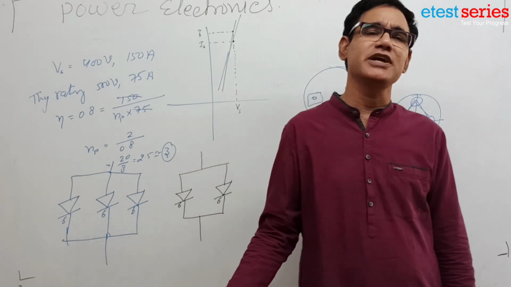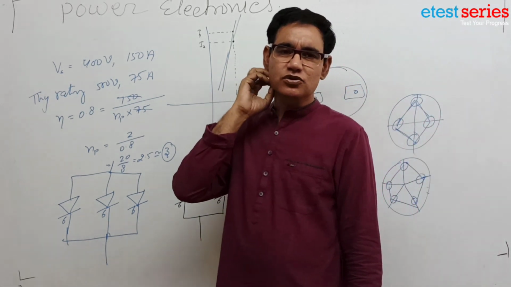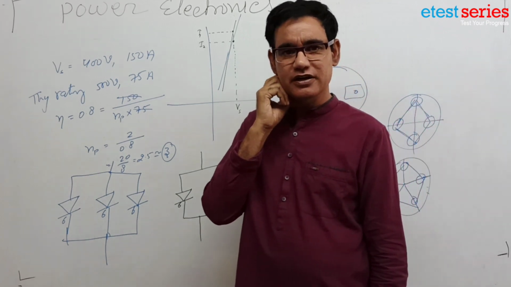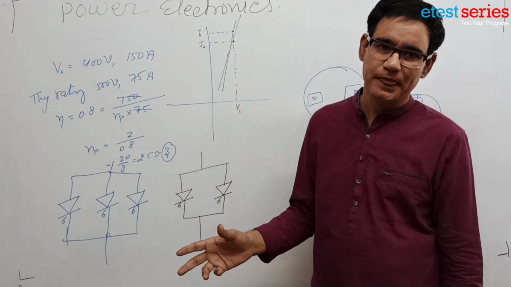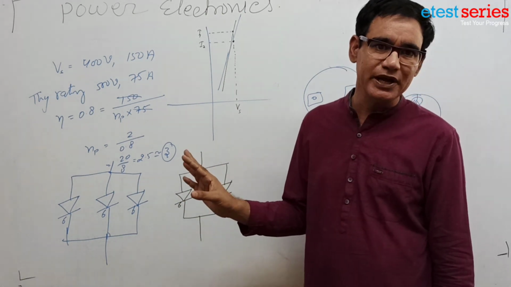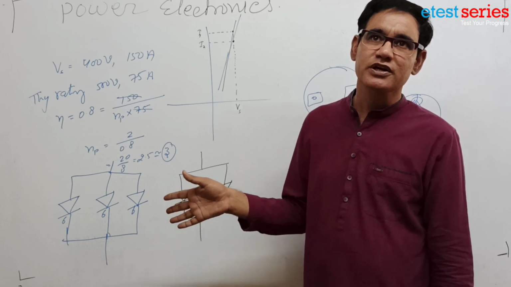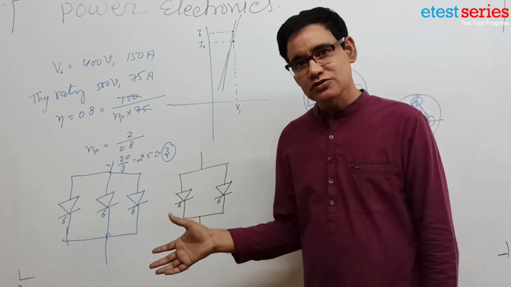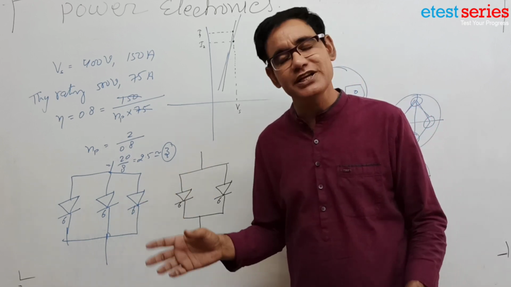And SCRs of the same company and same rating are provided so that they have the same working and characteristics, so that there is no mismatching. We make this kind of arrangement for series and parallel operation of SCRs so that SCRs work properly. I think you will enjoy this lecture on series and parallel operation of SCRs.